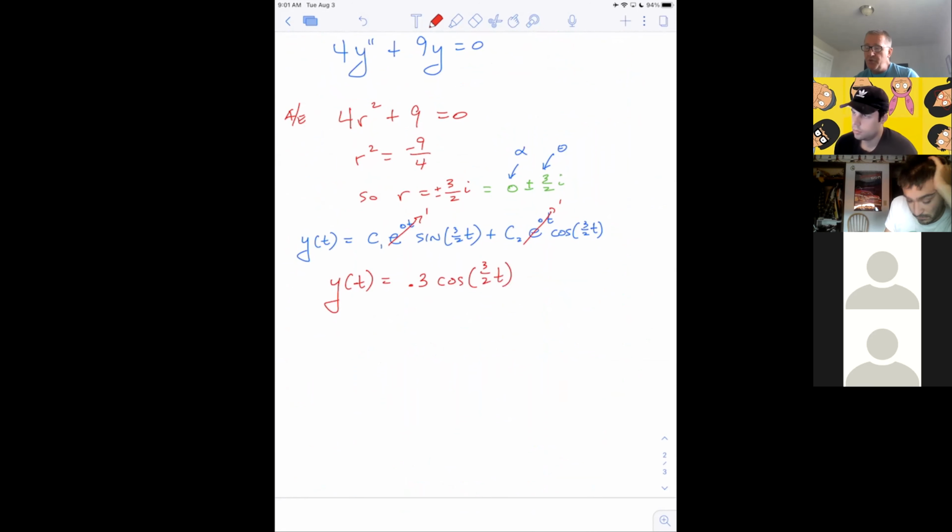So it meant that C2 was 0.3 and C1 was 0. So there's your particular equation. This was your general equation, and this is now your particular equation. Now you know how the spring is going to behave, and that's kind of cool.